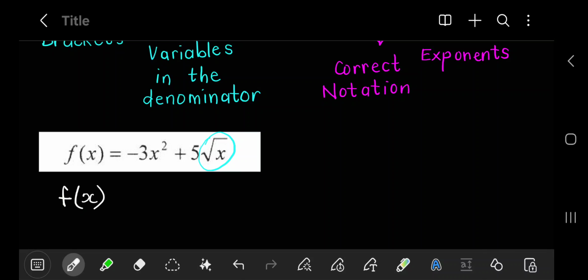So we will rewrite this as f of x is equal to negative 3x squared. The first term will stay as is because it has no surd in it. But the second term can be written as 5, and important to remember that a square root can be written as an exponent of 1 over 2.